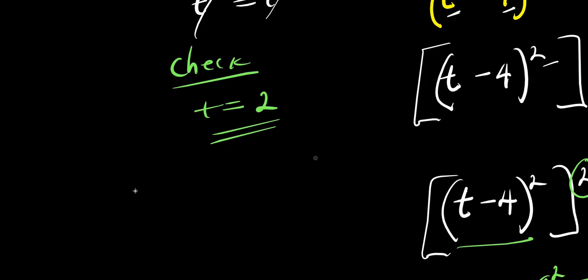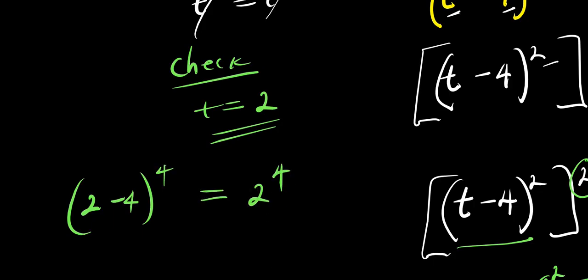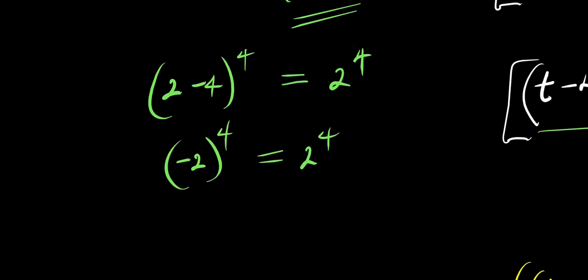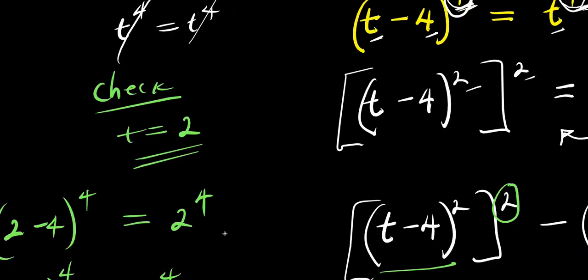Instead of t minus 4, you have 2 minus 4 raised to the power of 4. Is it the same thing as 2 raised to the power of 4? Okay, this is the solution. So 2 minus 4 is negative 2 raised to the power of 4, which equals 2 power 4. Negative raised to the power of 4 will give you positive. So 2 power 4 is 16, and this equals 16. So the real solution has satisfied the equation.